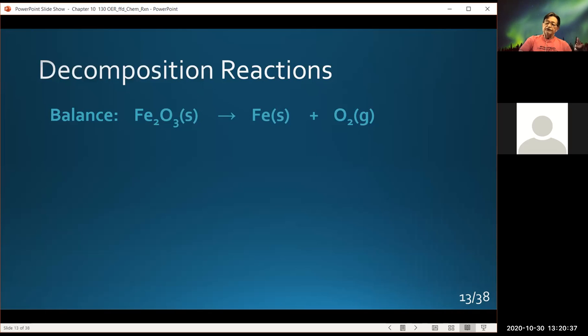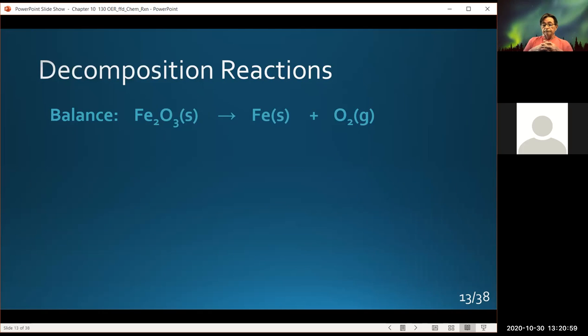A decomposition reaction, if you go back to the general formulas, you'll see you have a compound, and you do something to the compound to generate the elements that compound was made from. Here we have iron(III) oxide, AKA rust.